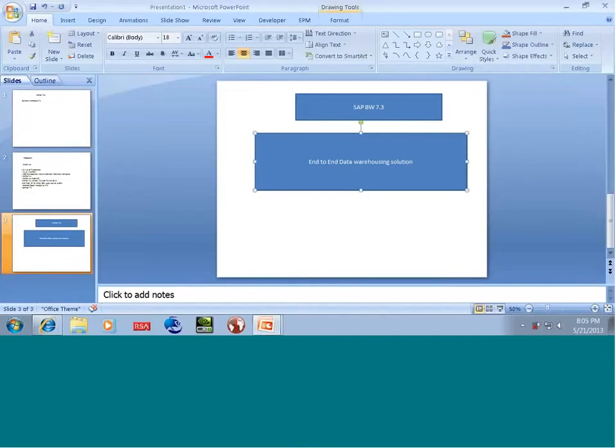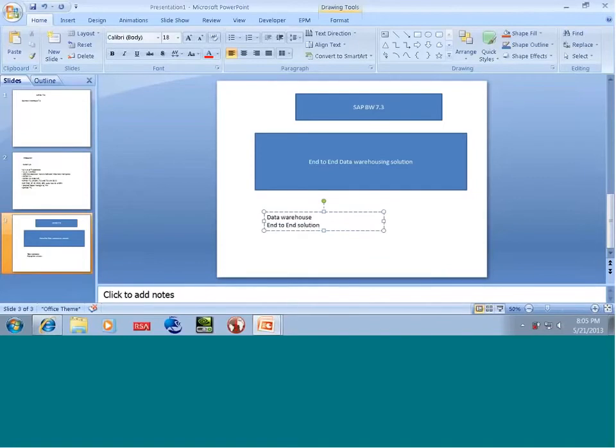Looking at the definition, let's do one thing. Let's try to separate these keywords and see what they actually mean. So let's go into details of what is a data warehouse. What is an end-to-end solution?